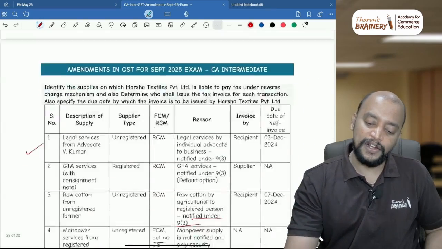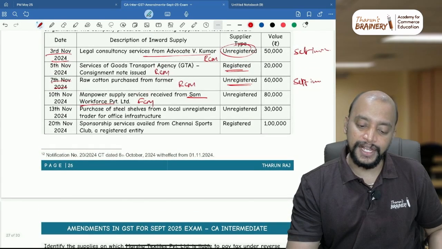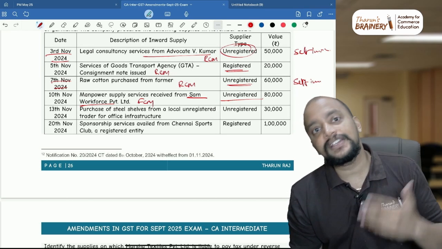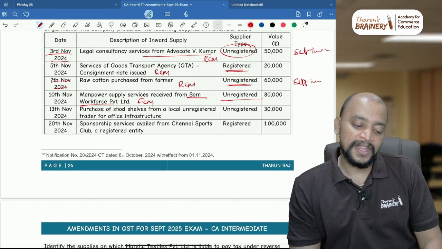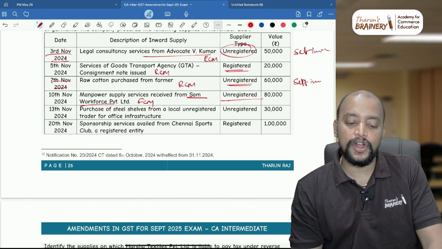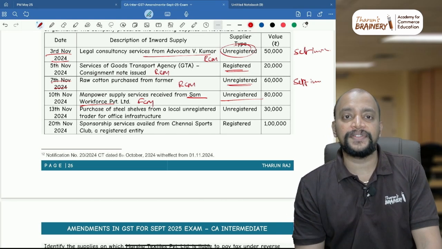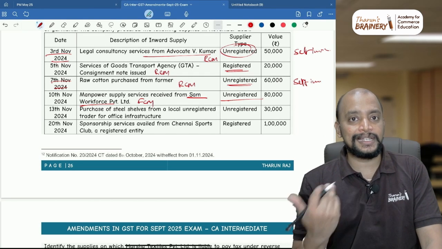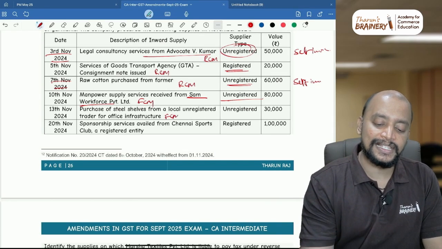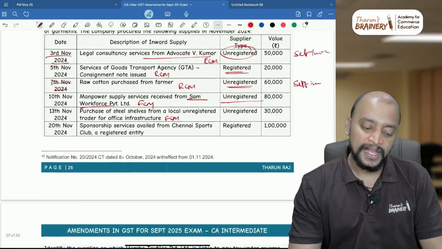So self invoice will not be applicable in this case, and the supplier only should give the invoice, but the supplier is unregistered, so there is no GST. As there is no GST, no invoice. Purchase of steel shelves from a local unregistered trader for office infrastructure: we don't have anything notified for RCM. Even though the supplier is unregistered, it is not in RCM, it will be FCM only, and as the supplier is unregistered, there is no GST in this case.